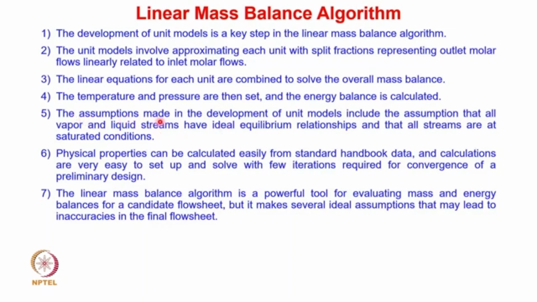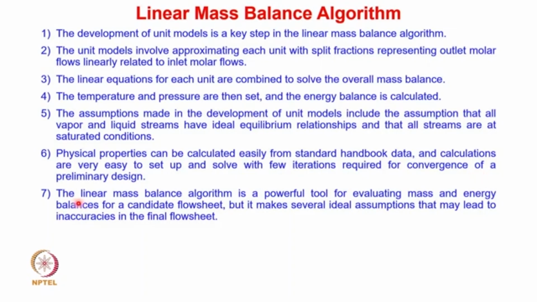The assumptions made in the development of unit models include that all vapor and liquid streams have ideal equilibrium relationships and that all the streams are at saturated conditions. Again, the physical properties can be calculated easily from the standard data available in the handbooks, and calculations are very easy to set up and solve, with few iterations required for convergence of a preliminary design.